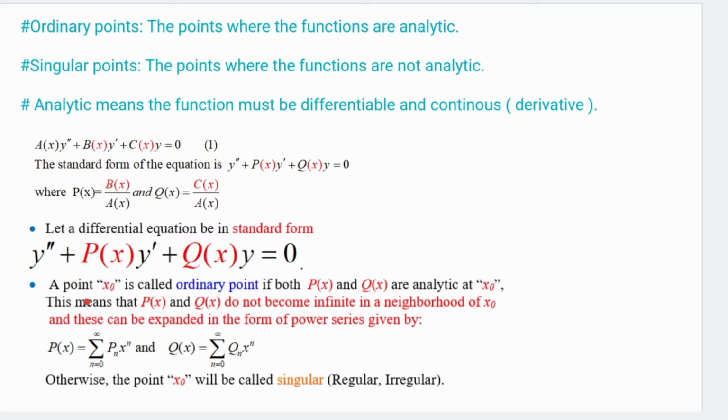So for x naught to be called an ordinary point, we have to make sure that p of x and q of x are analytic at x naught, and also that p of x and q of x can be written as power series. Otherwise this x naught will be considered a singular point. Singular points can be of two types. One is called regular singular points, another is called irregular singular points.